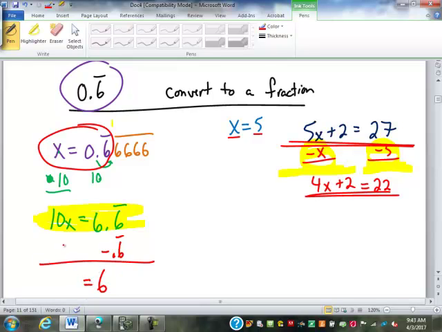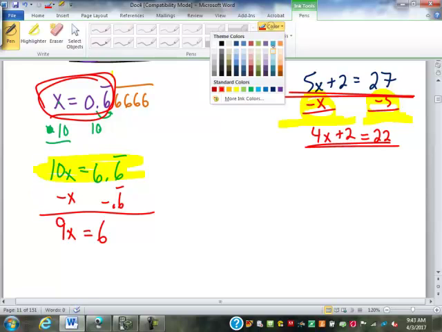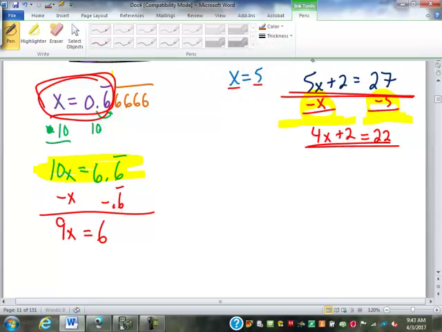On the left side, though, instead of subtracting the 0.6, I'm going to subtract x, because my original equation said x is equivalent to 0.6 repeating. So 9x equals 6. To solve for x, I divide by 9. So x equals 6/9, or 2/3. Most of us probably knew that 0.6 repeating is 2/3. So that makes sense.